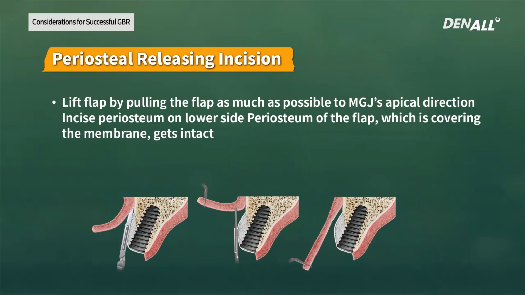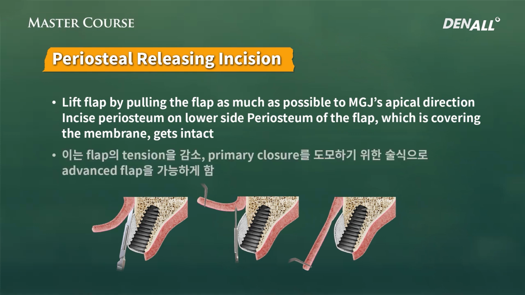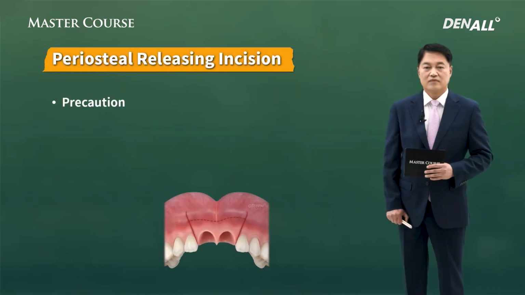Pull the flap in the apical direction beyond the mucogingival junction, lift the flap and the periosteum of the flap which covers the membrane, pull it in tightly, and then make an incision on the periosteum. This allows for tension-free suture and allows advanced flap as well as primary closure.